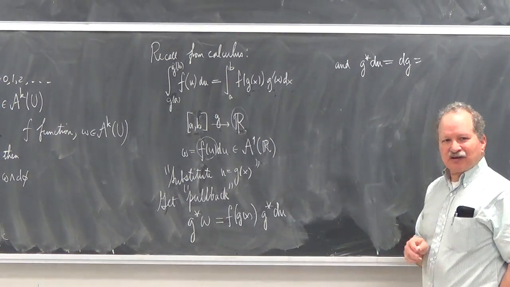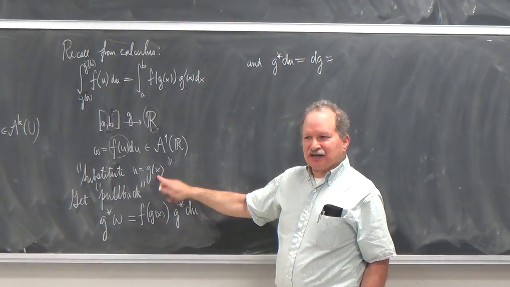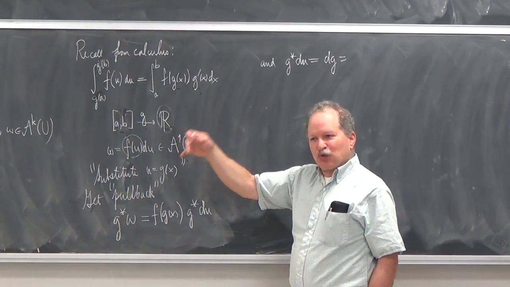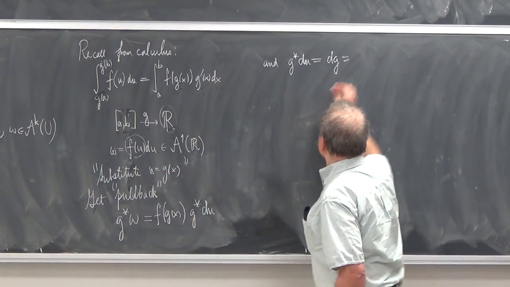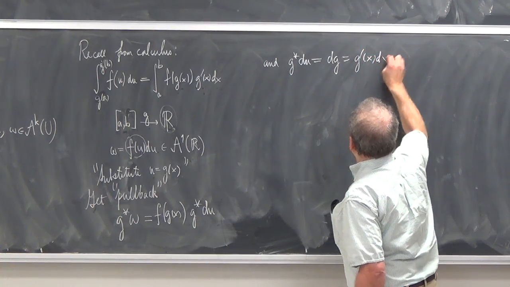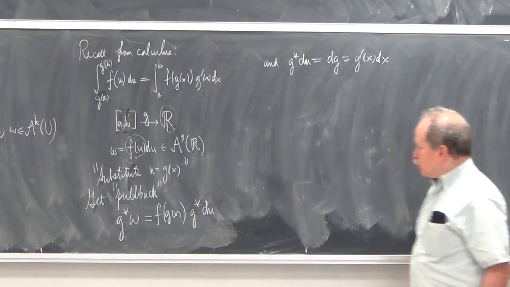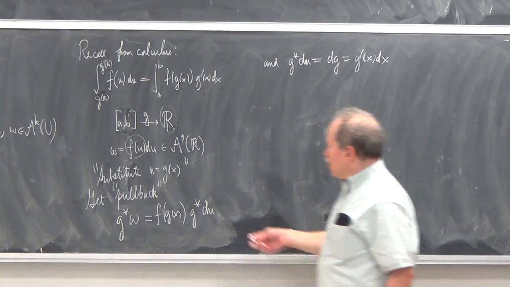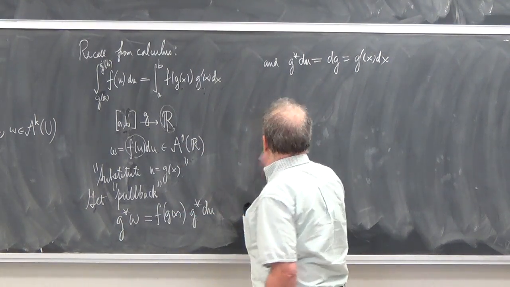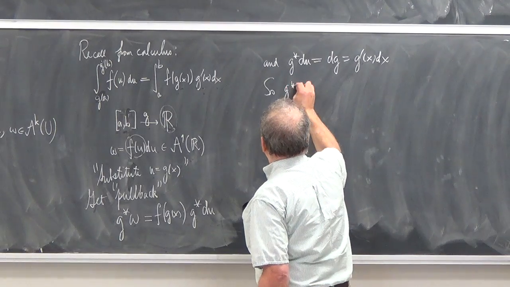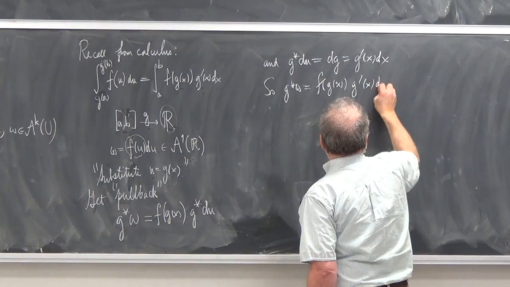You've been doing this for at least a day now. We only have one variable, so you don't have to write down a partial with respect to x1 dx1 plus a partial with respect to x2 dx2. You just write down derivative with respect to x dx, because there's only one variable. And so presto magic, pulling back the 1 form omega gives you f of g of x, g prime of x dx.